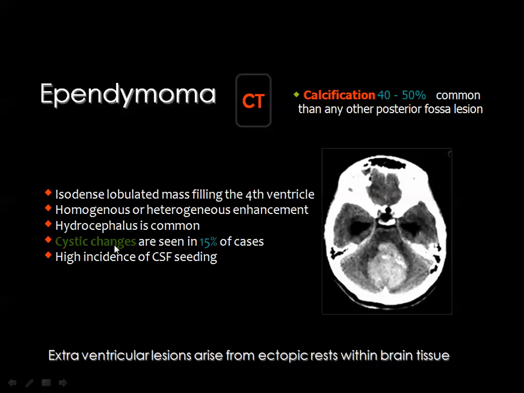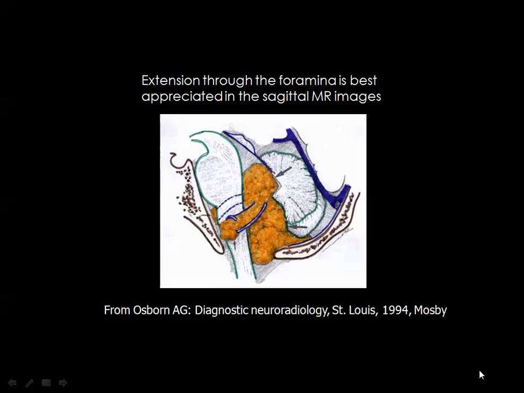And one of the classic criteria of ependymoma is its ability to creep within the fourth ventricle and extend through the outlet foramina of the fourth ventricle by somewhat plastic extensions, which are not seen in the rest of the tumors occurring in this area.